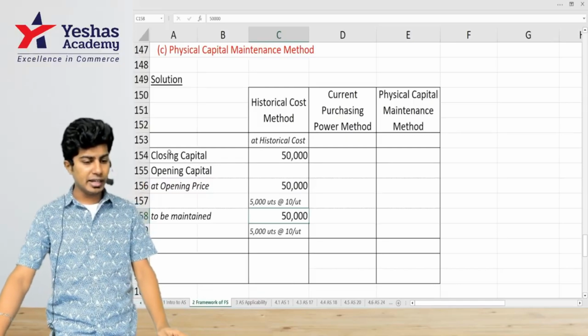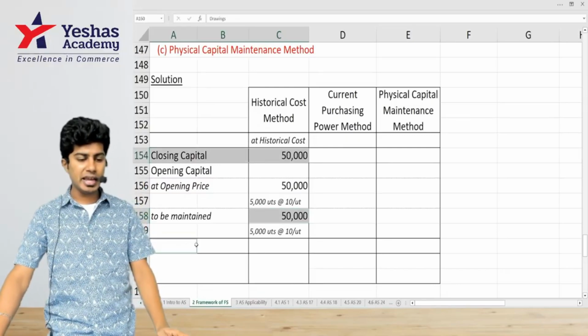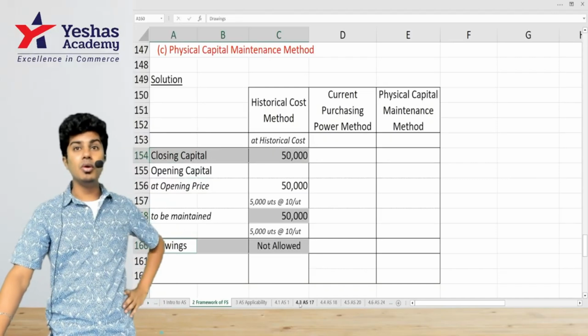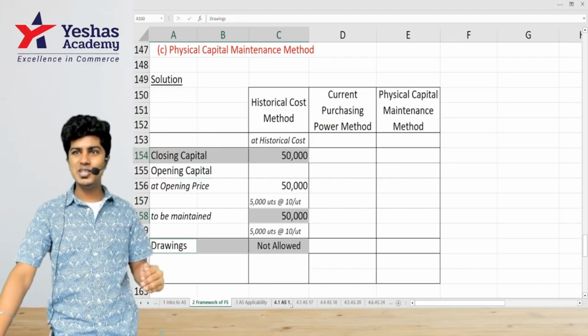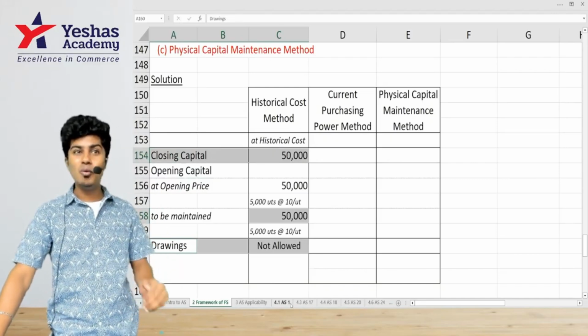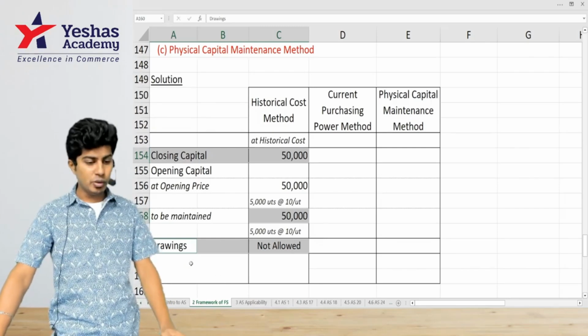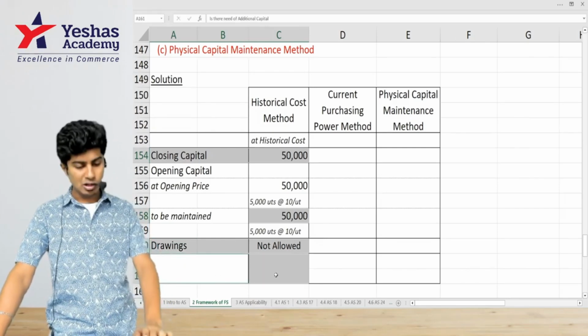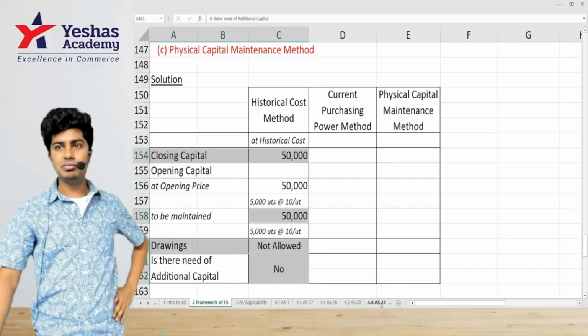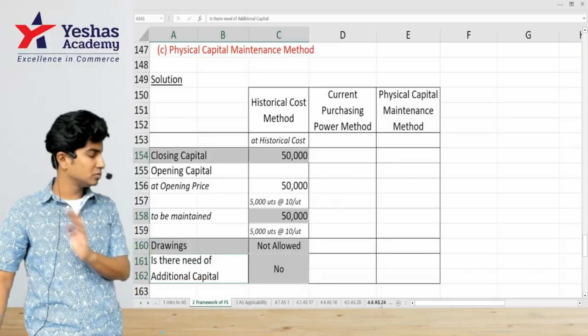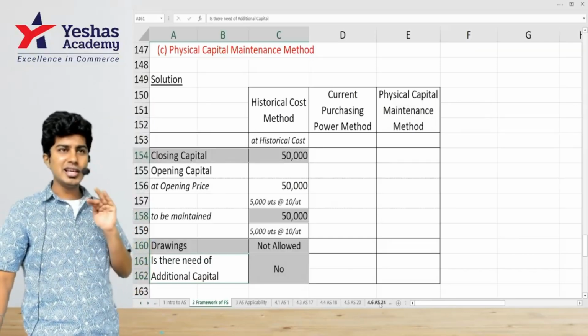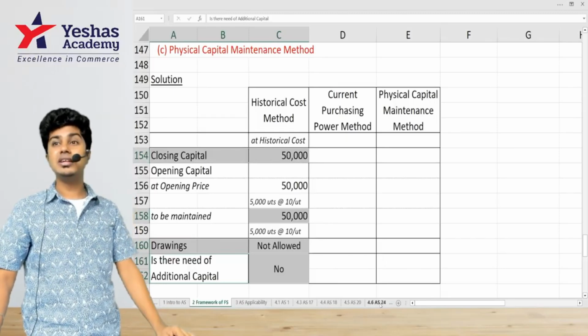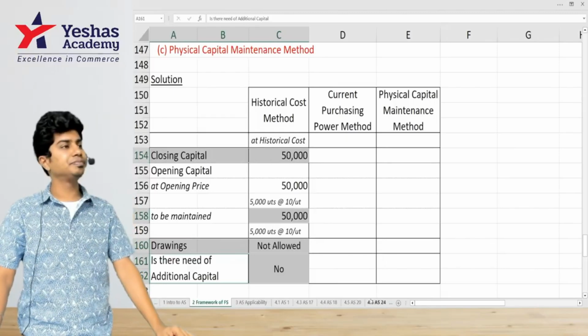Closing capital is right now at 50,000. Can I make any drawings? No. Why? If you withdraw, closing capital will decrease below what is required. Do I have to bring in any additional capital? No. Can I withdraw anything? Exactly what is needed is what is there. This is historical cost method.